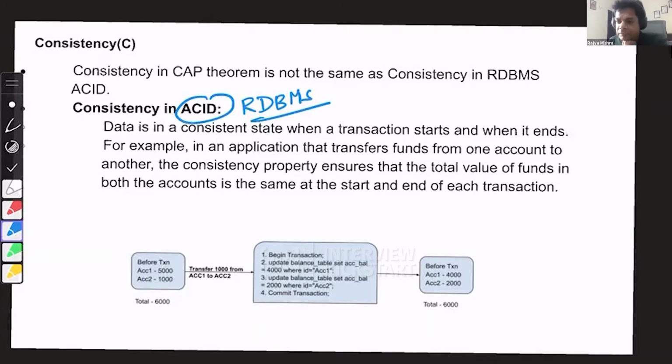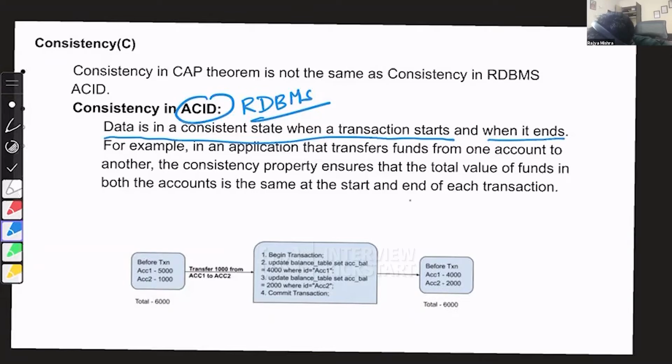So let's see what consistency is in the ACID property first, and then we will see what consistency is in CAP theorem. It says data is in a consistent state when a transaction starts, and when it ends.